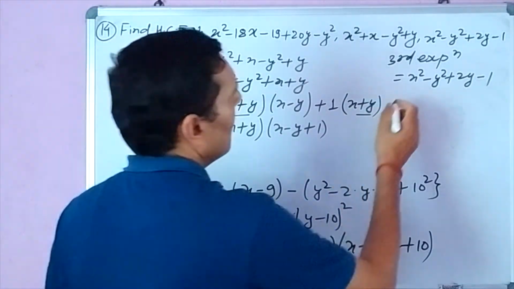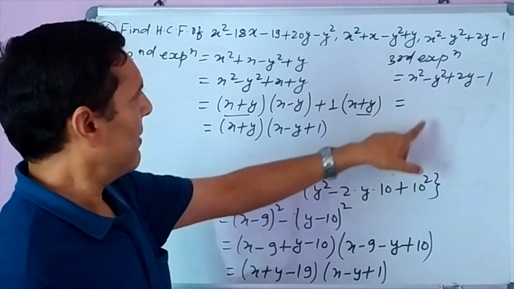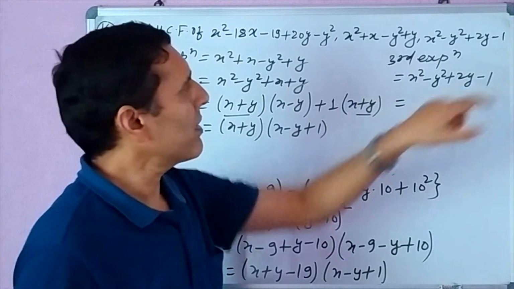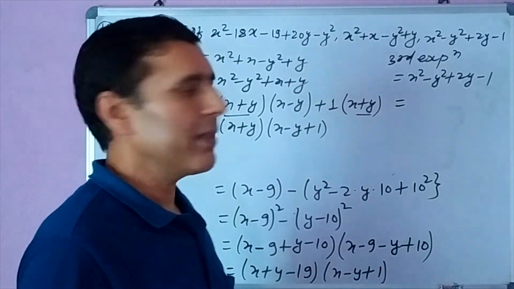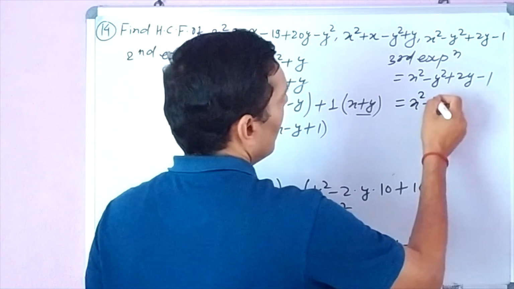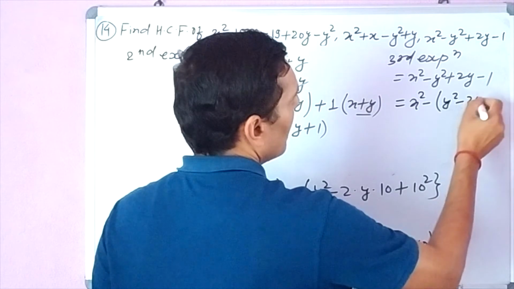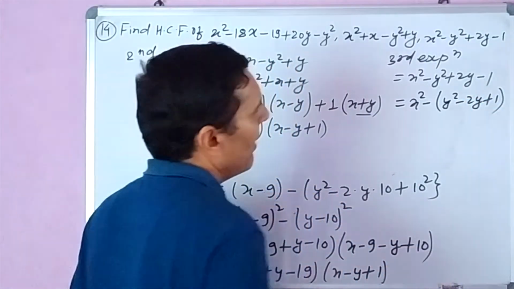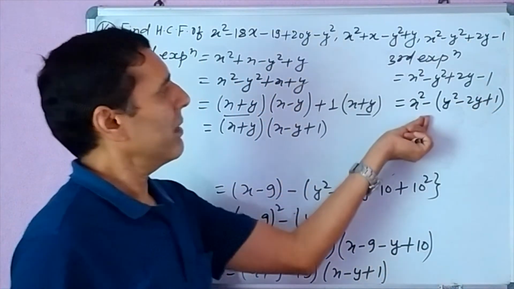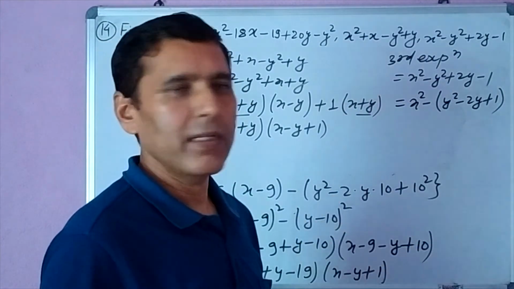So it also can be factorized if you take the minus common in the last three terms, it completes the square in the bracket. x square minus, common in all three terms, y square minus 2y plus 1 will be remaining in the bracket. After taking minus sign common, the sign of all terms changes there.